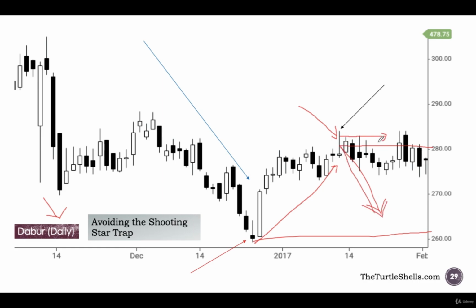We don't know which of the two is going to happen. All we know is that the probability of the price going up is very low because this is a bearish reversal pattern. Reverses means it will either go flat or it will go down. We don't know which of the two is going to happen. So remember, reversal pattern does not mean that the price is going to reverse completely.